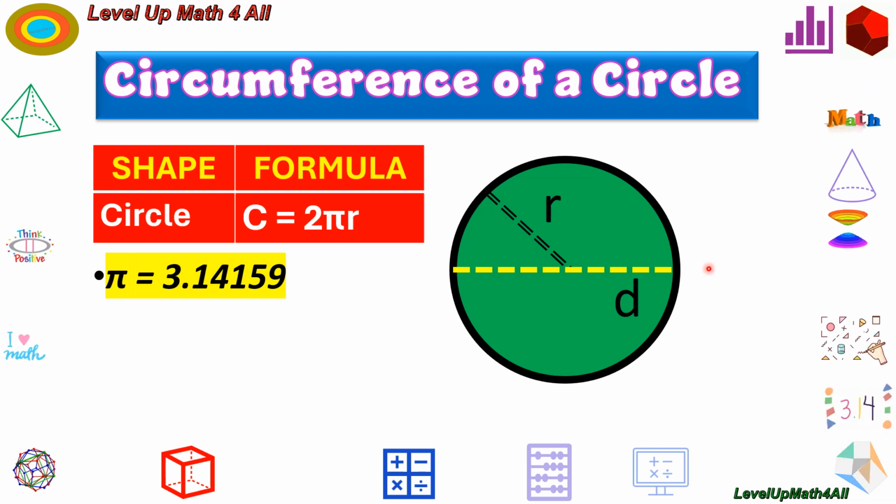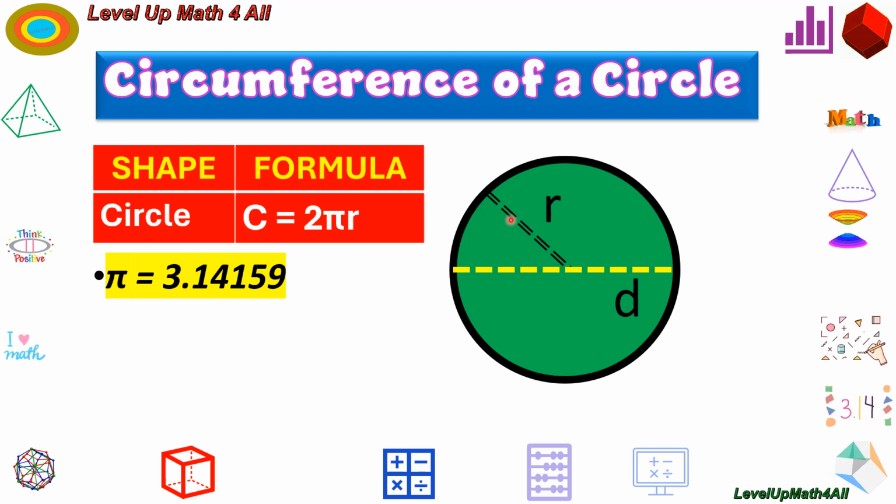And the diameter goes from one end to the other, passing through the center point of the circle. So 2 times the radius is the diameter, or half of the diameter is nothing but the radius.